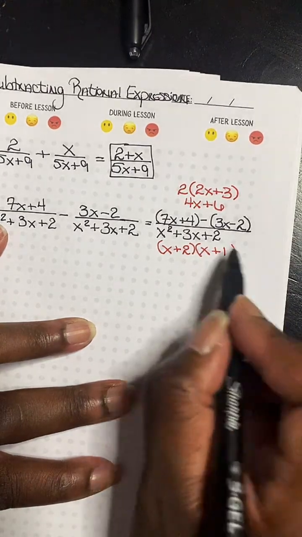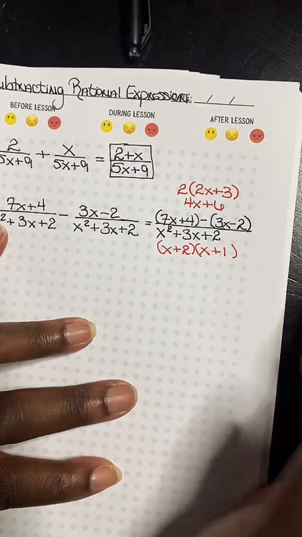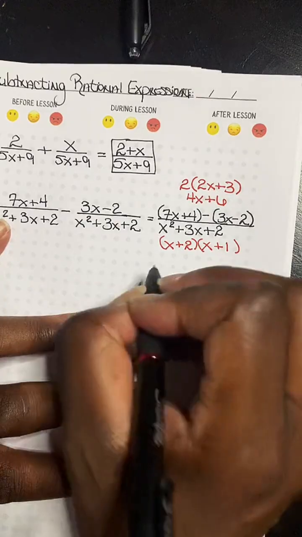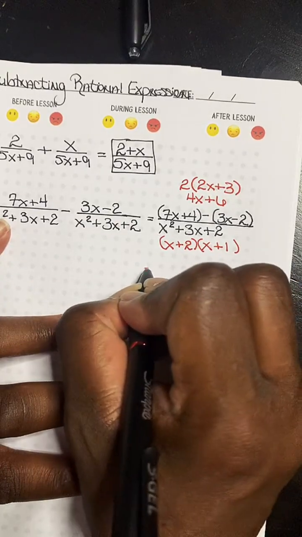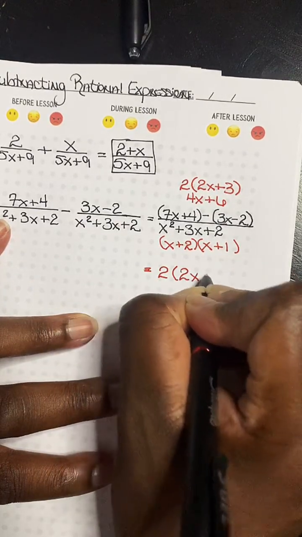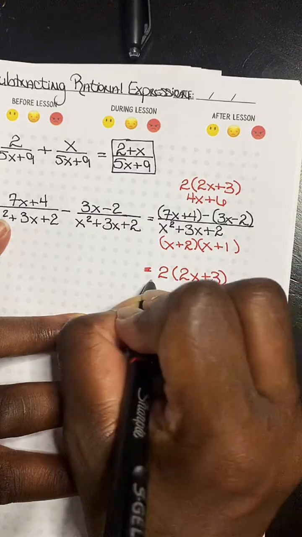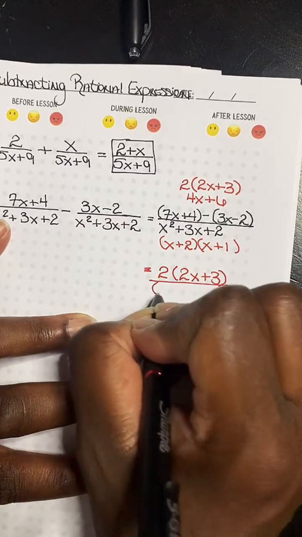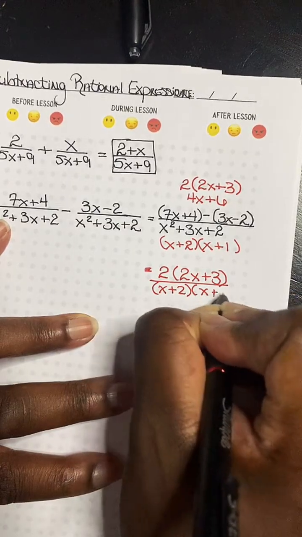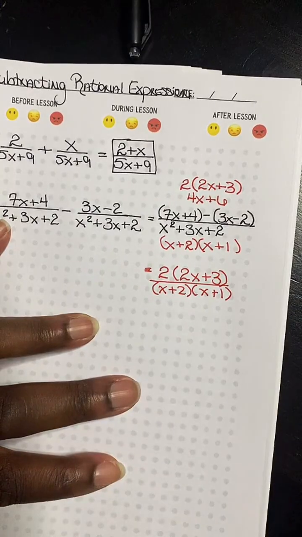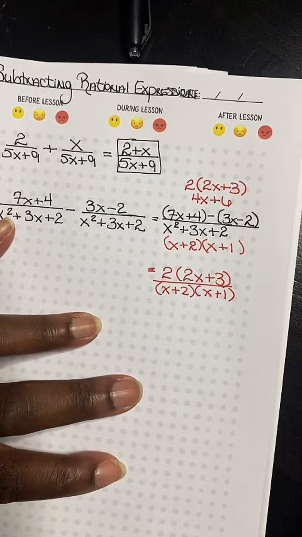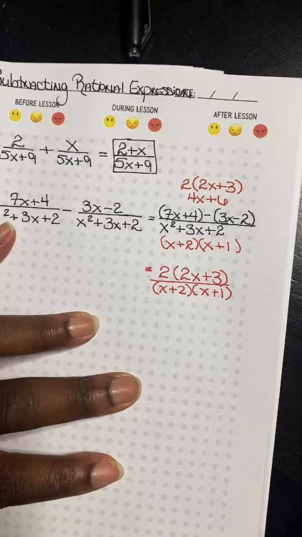If you feel like you have to take this step just to see it, then that's fine. If you want to leave your answer as 2 times the quantity 2x plus 3, and the other one is x plus 2 times x plus 1, you could. But also take a look at the answer choices.